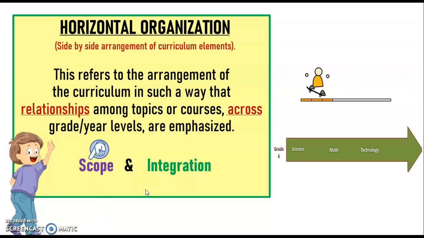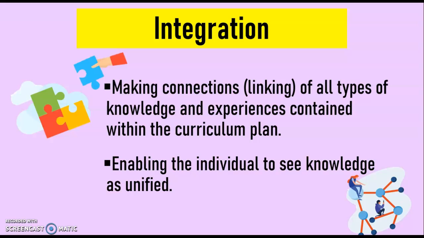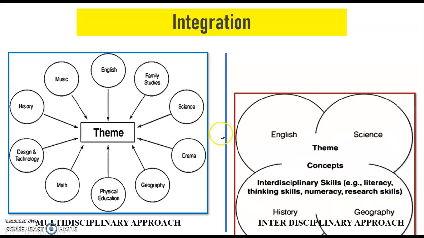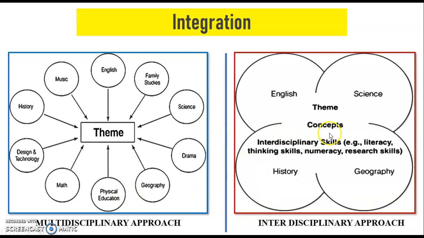And integration, of course, we have met this concept before, where we look at connections and linkages across the curriculum, enabling the learner to see the knowledge as a unified whole. So for horizontal organization, we look at scope and also integration. And we met these concepts already in our previous sessions.